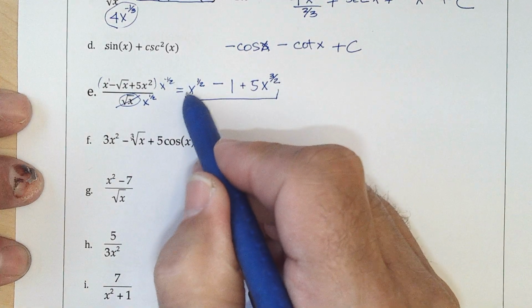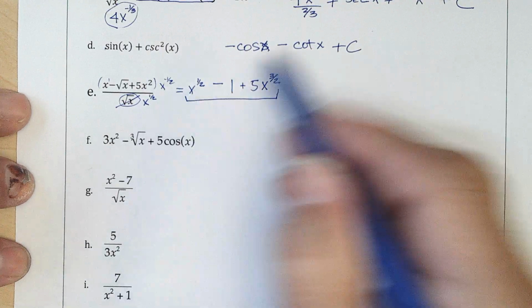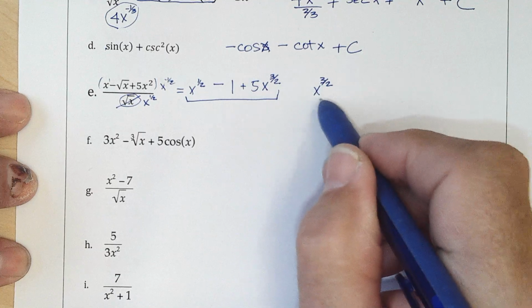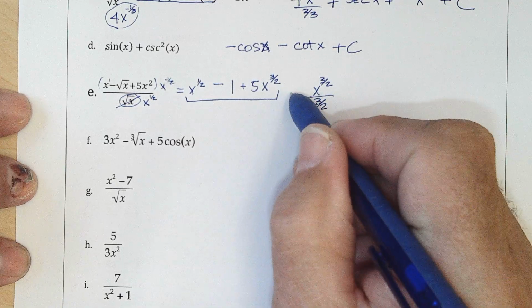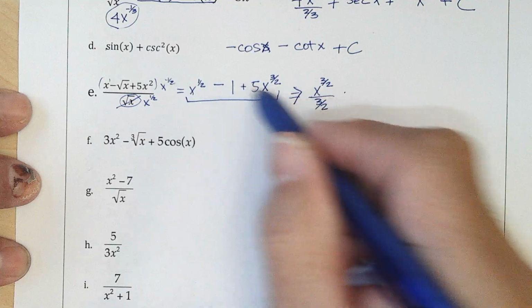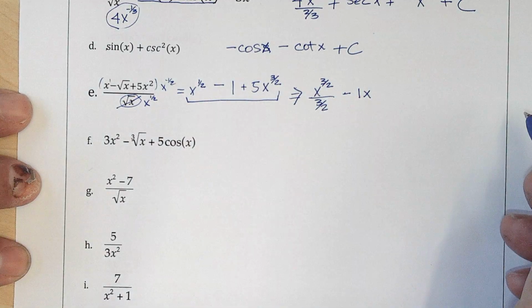So I increase the power on this by 1. So 1/2 increased by 1 is 1.5, or x to the 3 halves divided by 3 halves, or times 2/3. And the antiderivative of -1 is -1x.